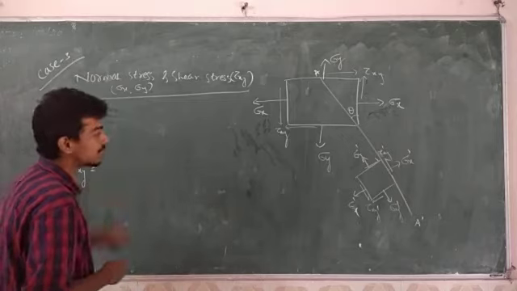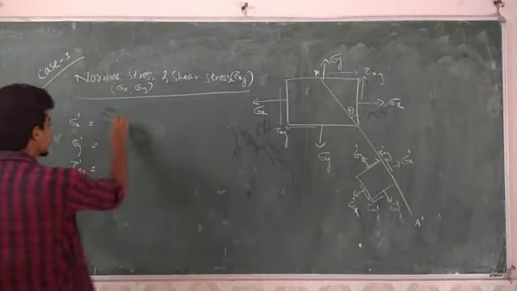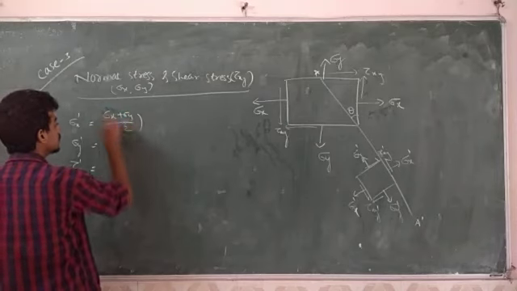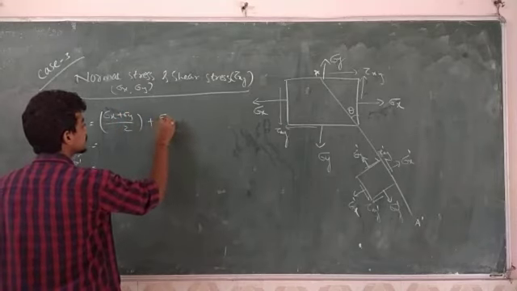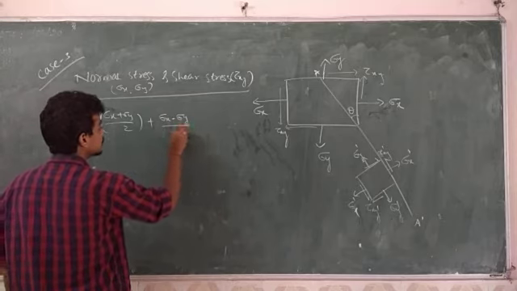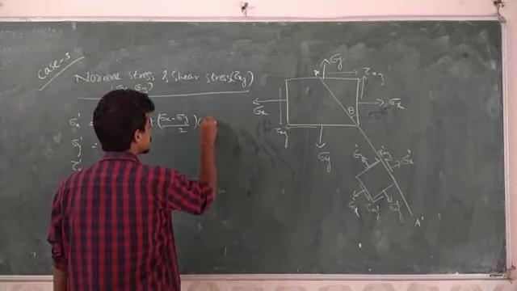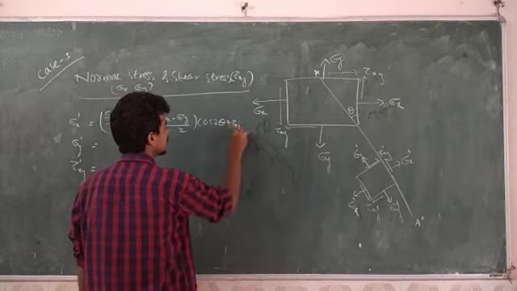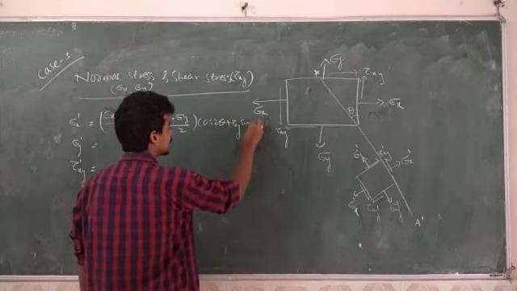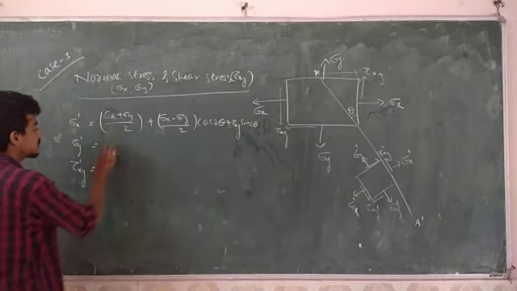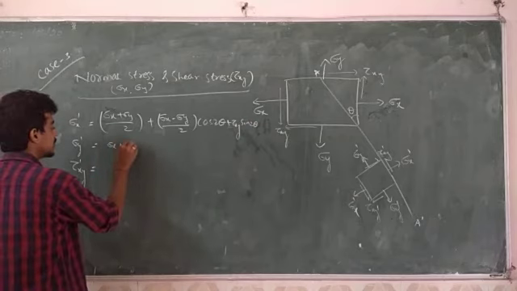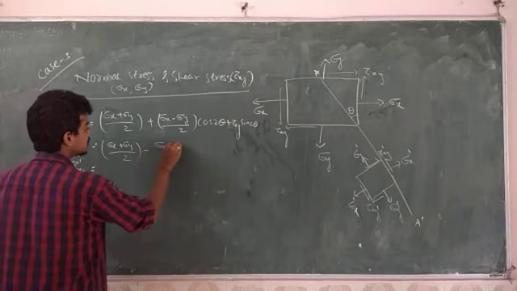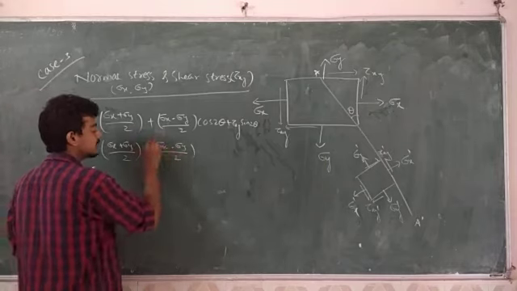So starting with sigma x dash, that can be written as sigma x plus sigma y by 2 plus sigma x minus sigma y by 2 cos 2 theta plus tau xy sin 2 theta. Sigma y dash is a similar formula, only a minus sign will be there. All the formulas are similar in this chapter, so it is quite easy to remember.